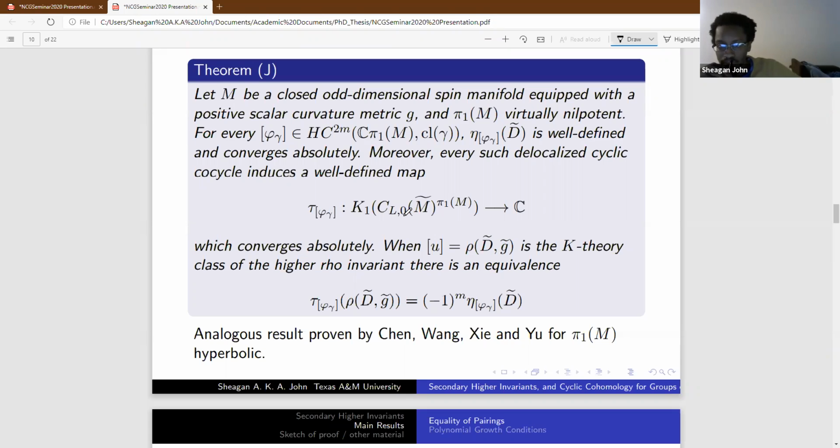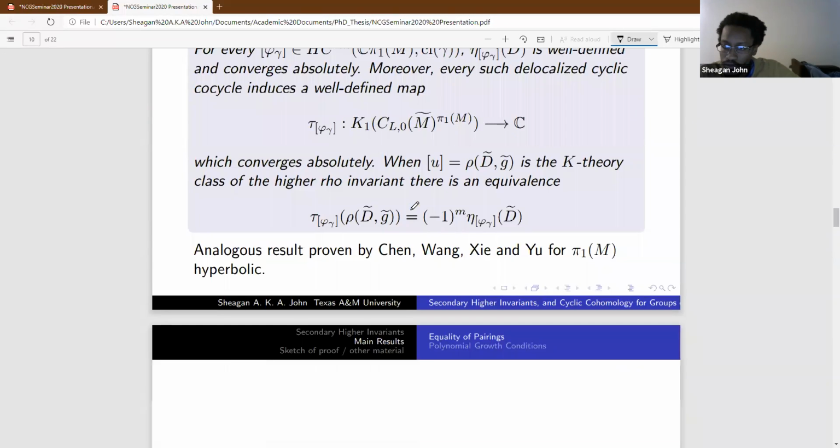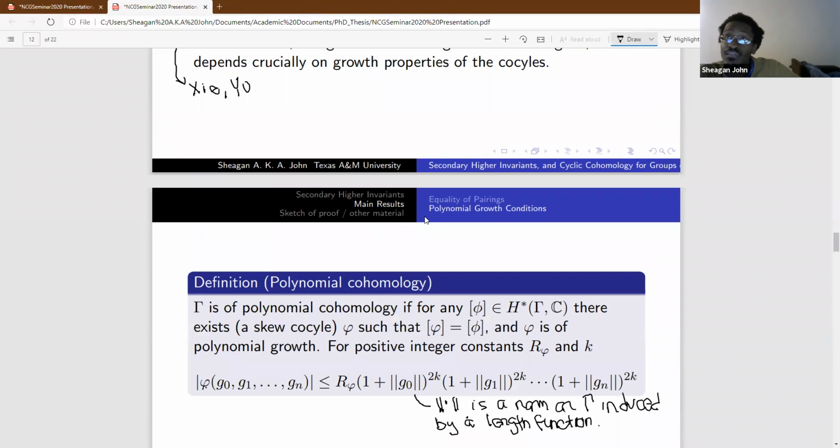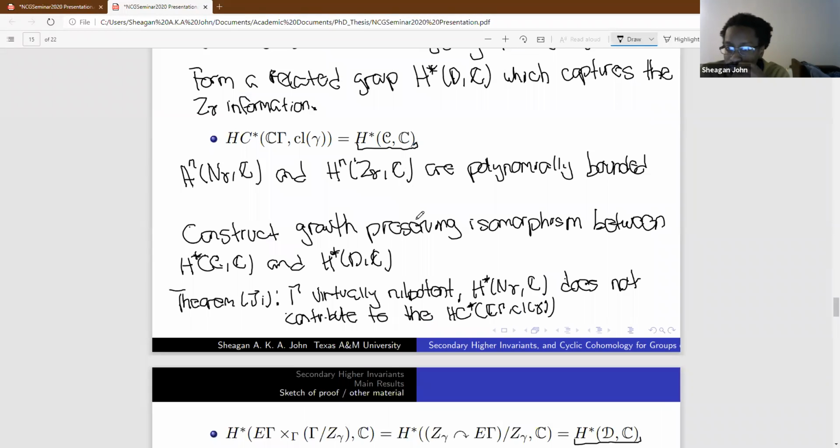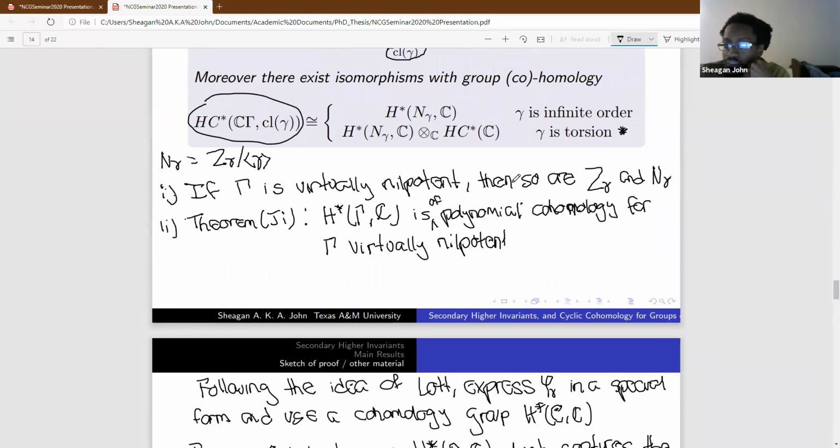When we were considering boundary conditions, for example, we had to adjust the dimension. That's a good question, but it was at least somewhat important that we have the full power of gamma being virtually nilpotent, and the main reason is as follows: if we don't have gamma being virtually nilpotent, then we don't have polynomial cohomology.